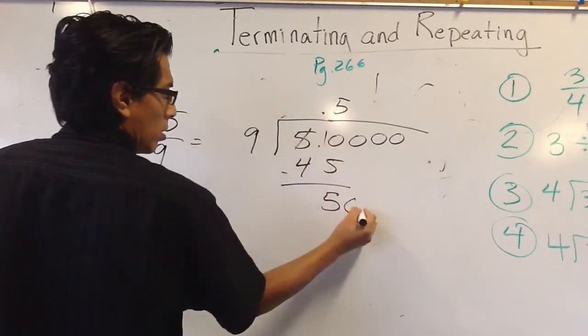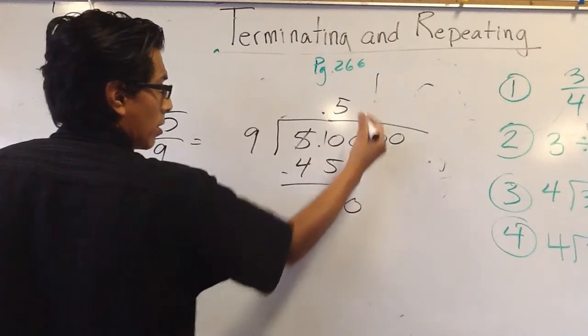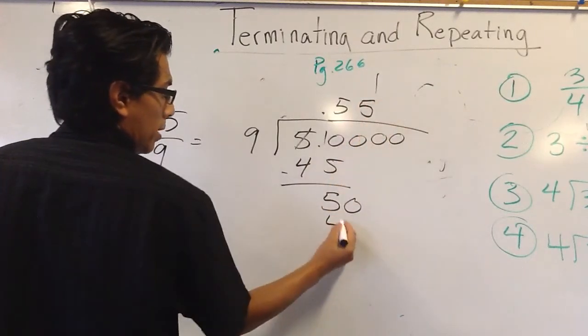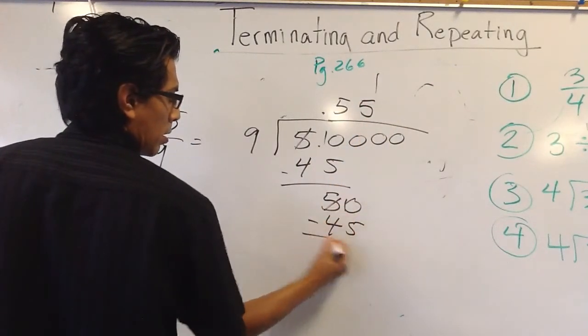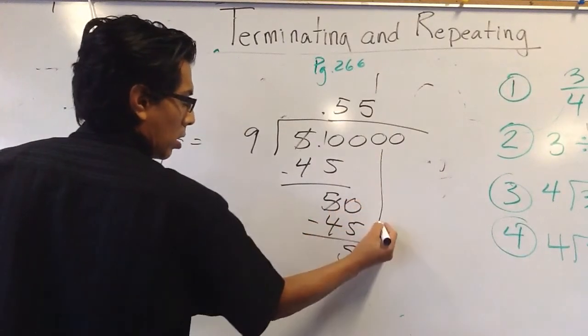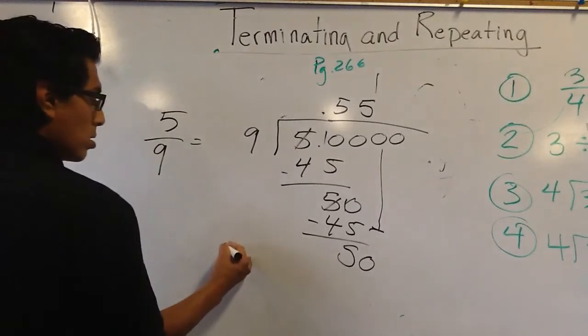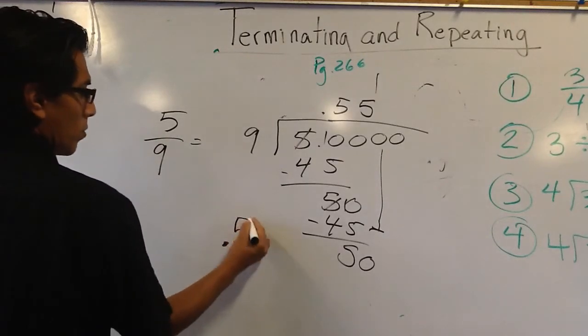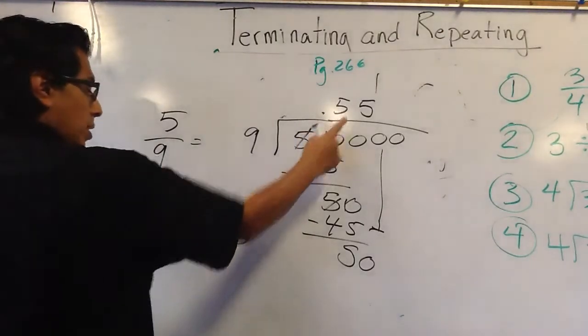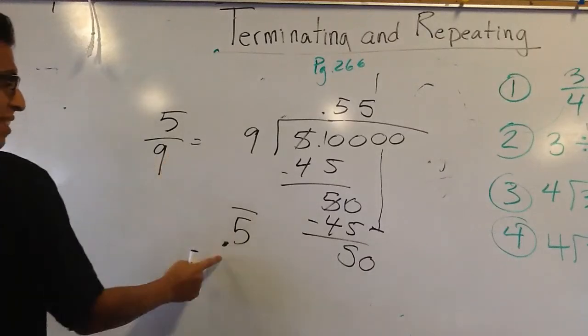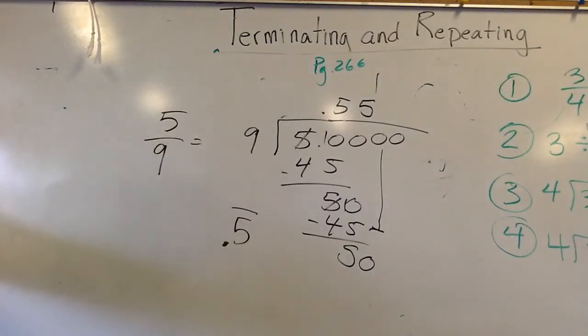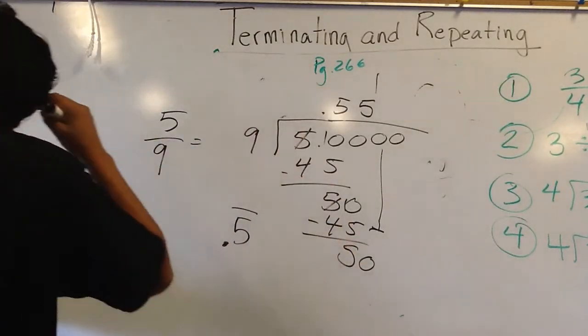Uh-oh. Look what's happening. It's repeating again. And it's just going to keep repeating. So the answer for this, you would use a bar over the repeating 5. So is 5/9 and repeating 5 forever equal? Yeah, they're the same thing. This is how you would convert it.